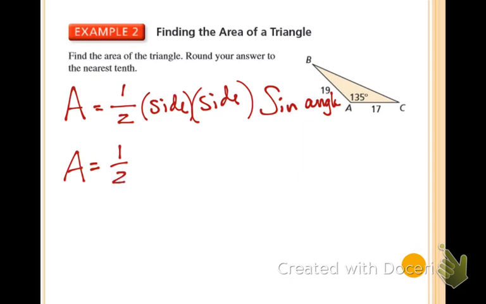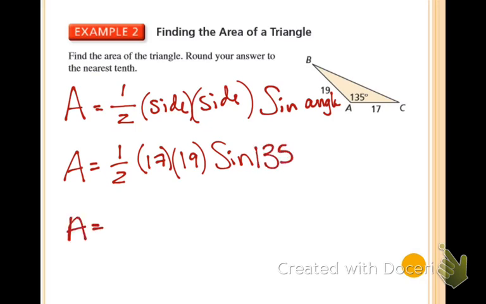What is the measurement of the side they gave us? Sure, 17. What's the other one? 19. And then sine of the angle, which is 135. Guess what we do with this, y'all? We type it all on your calculator. Straight up type it. The whole thing.